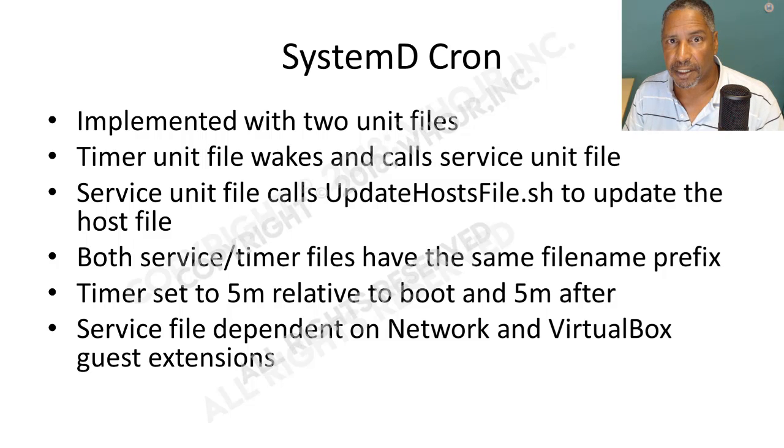So once the kernel says this guest edition is properly installed, that's when our service file will be able to be called. So it'll sit there dormant until those two dependencies exist. Our network comes up to the online status, and our VirtualBox guest editions get installed properly into the kernel and then are activated so that we can depend upon the share which we created in the previous lesson to access the IP file and then append it to our host file.